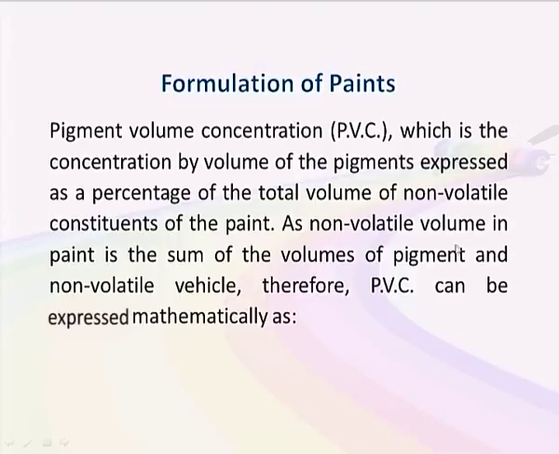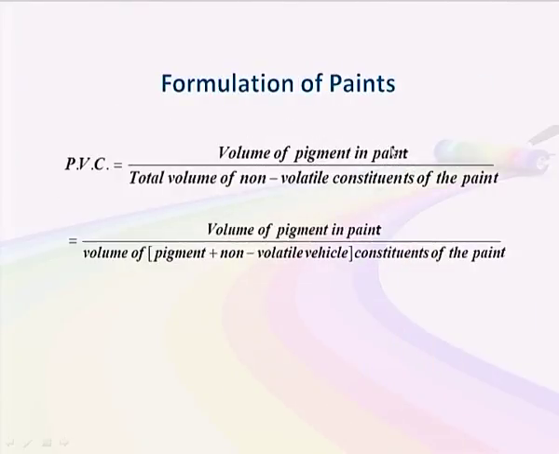As we know, non-volatile volume in a paint is the sum of the volumes of pigment and non-volatile vehicle. Therefore, PVC can be expressed mathematically as volume of pigment in paint divided by total volume of non-volatile constituents of the paint. Here we can see total volume of non-volatile constituent means pigment plus non-volatile vehicle.